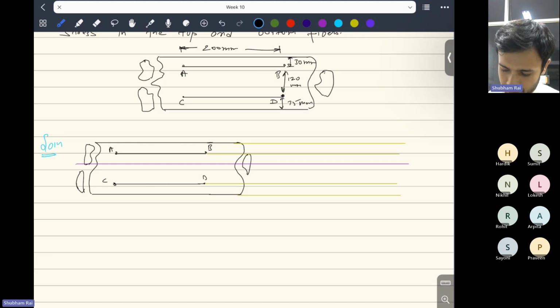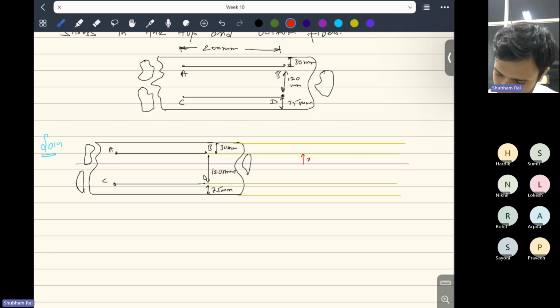Let me write down these distances again. So this is 30 mm, and this total distance is 120 mm. This is 75 mm. And I'm assuming that the neutral axis is at a distance x from fiber AB. So this distance is x here.